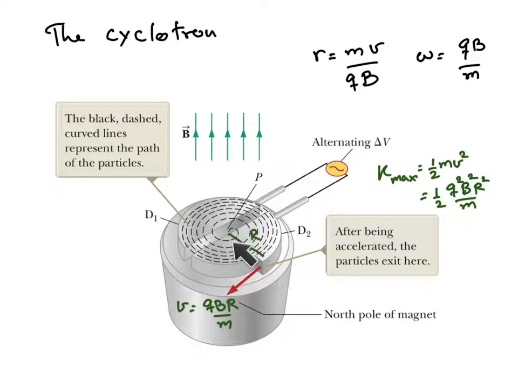Inside is a hollow D-shaped conductor. We connect it with an alternating voltage source. This alternating voltage source will create the electric field between the D-shaped conductors. The electric field here means that the charged particle will be accelerated by this electric field and enter the D shape.